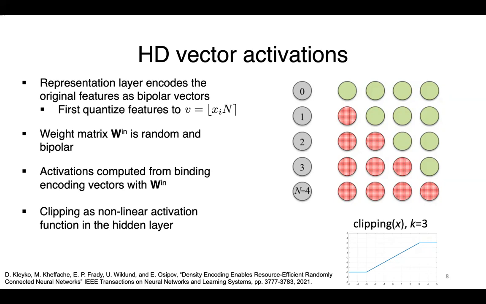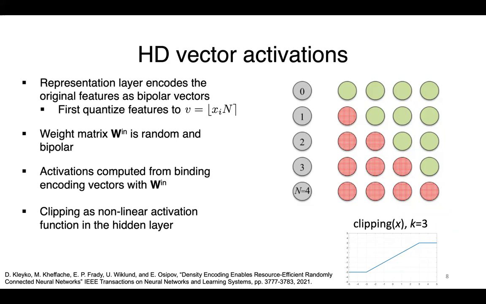So they add a representation layer prior to the hidden layer that encodes the original features with thermometer codes. And specifically, the layer quantizes the input features using the first equation here, where xi denotes the ith feature value and n denotes the number of hidden layer nodes.